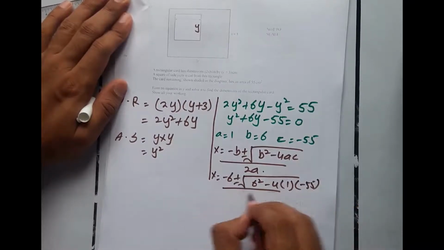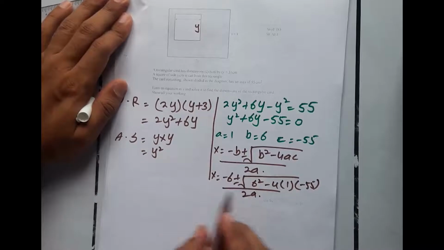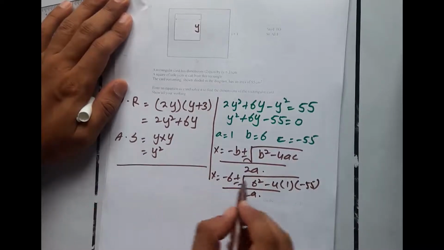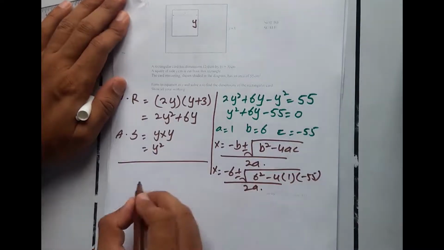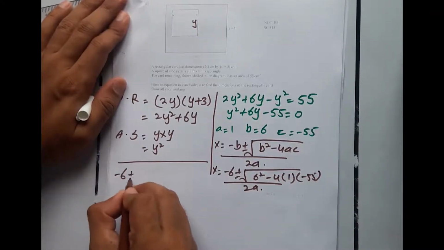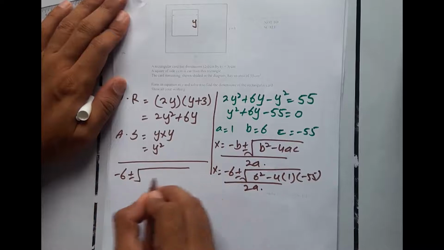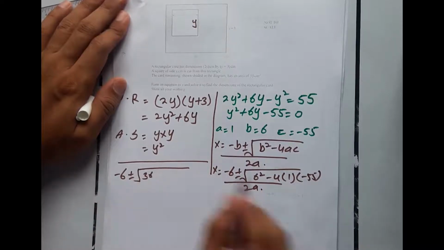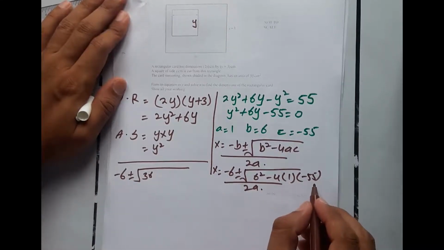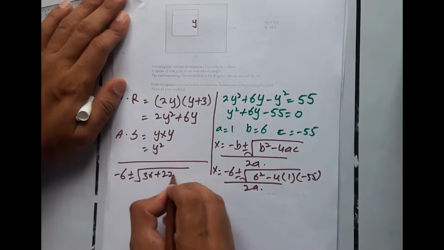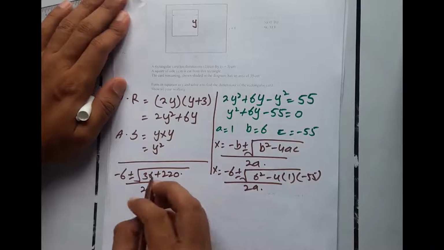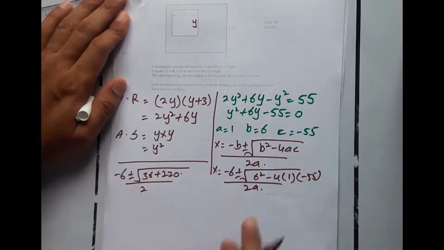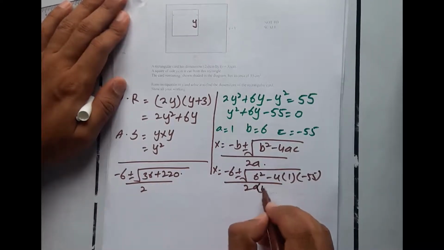whole over 2a. Now I am shifting this question here because I don't have a space here. We have to write the answers here. So minus 6 plus minus, this will become 6 square 36, minus 4 into 1 into minus 55, this will become positive 220, and over 2 into a is 1, so this will become 2 into 1.